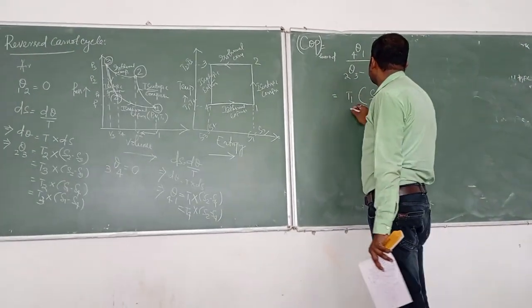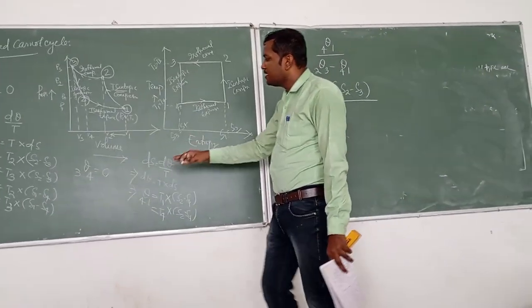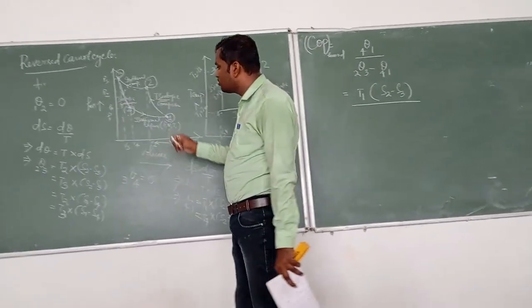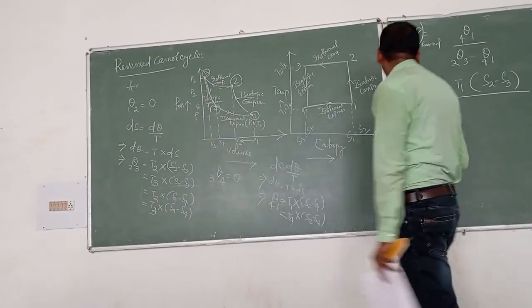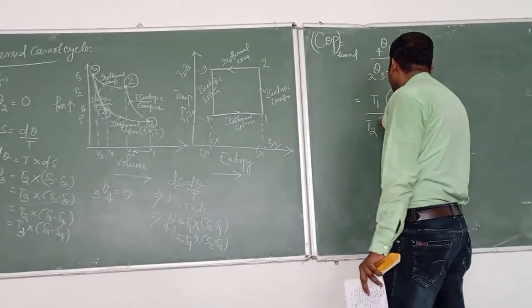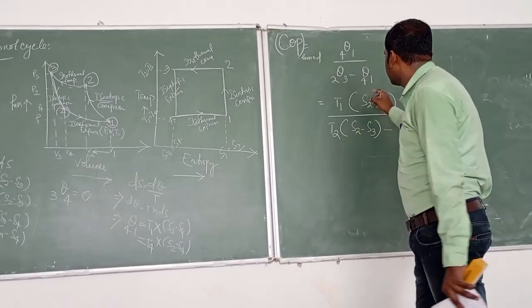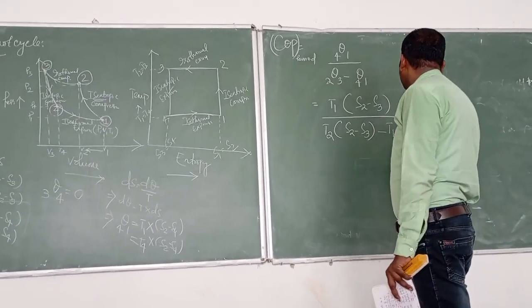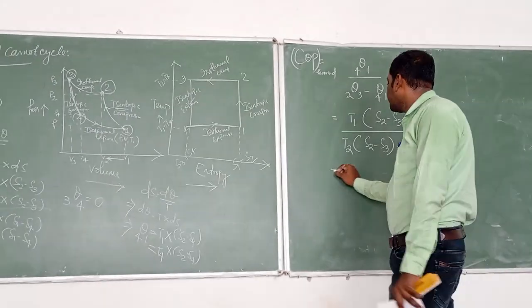So T1 into S2 minus S3, divided by work done, which is Q2 to 3, and equals T2 into S2 minus S3 minus Q4 to 1, T1 into S2 minus S3.